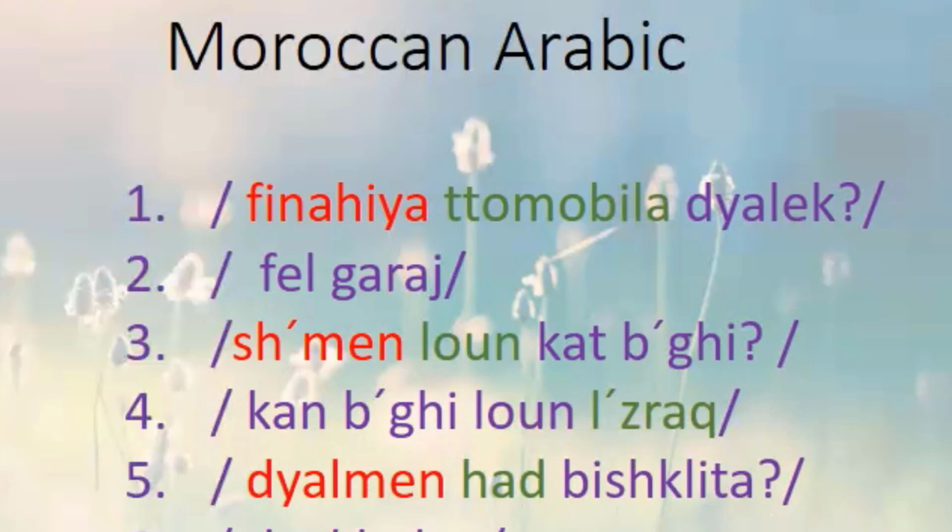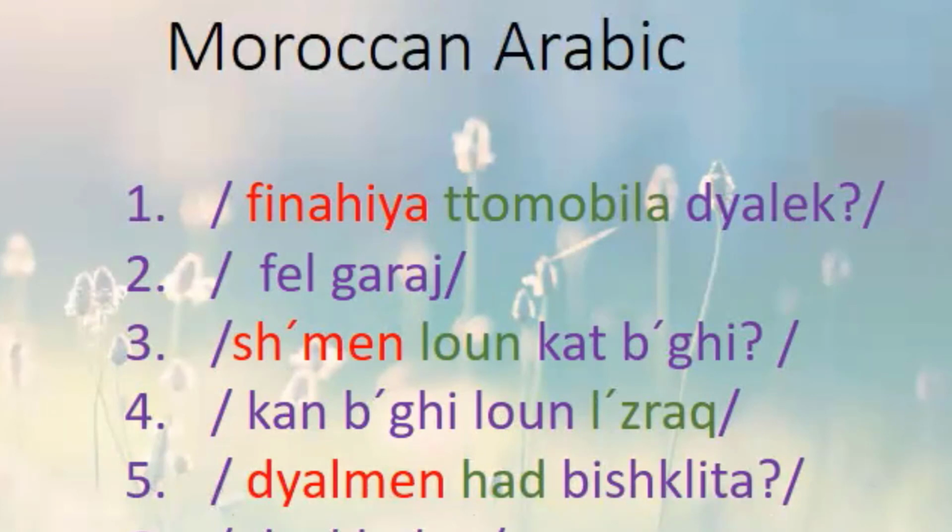All right. And number 5, whose bicycle is this? ديال من هاد البشكليتة. So whose is ديال من. This bicycle, هاد البشكليتة. Again, هاد is a demonstrative adjective for this. Bicycle is بشكليتة.